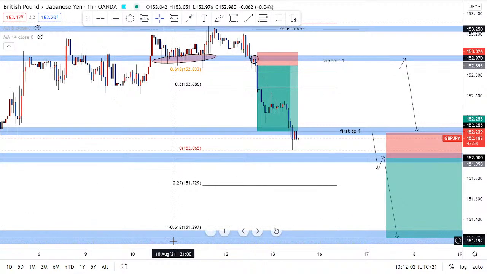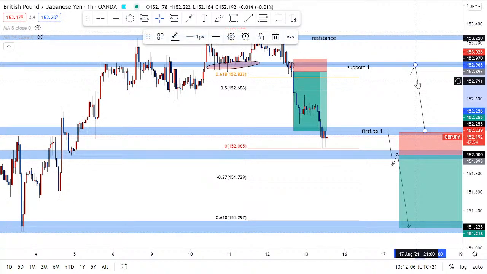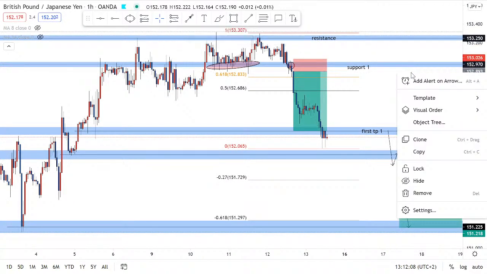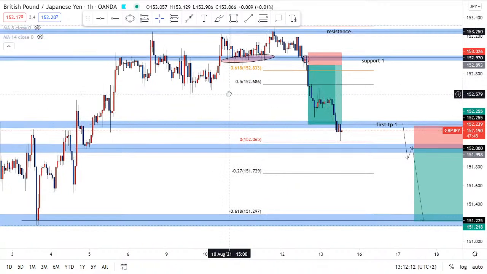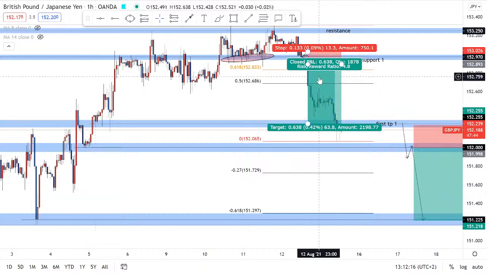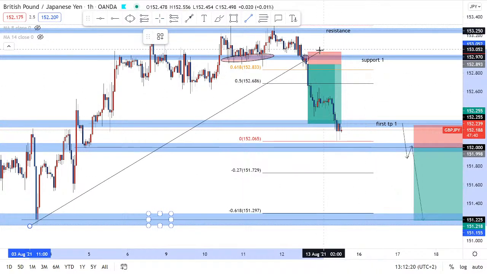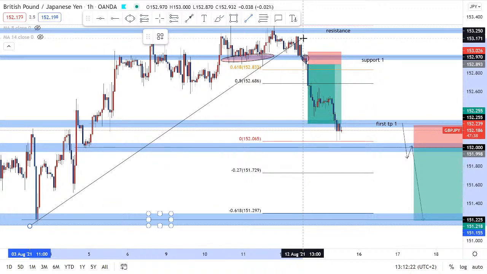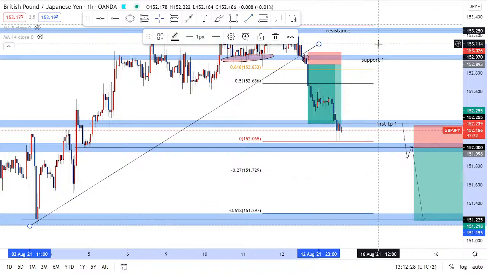That's how you draw zones, and that's how you actually catch these moves. You need to firstly identify your support and resistance. And even if I draw a trend line here guys, let me use this level here.